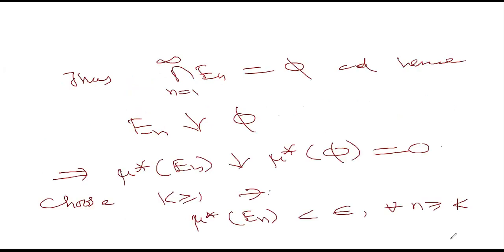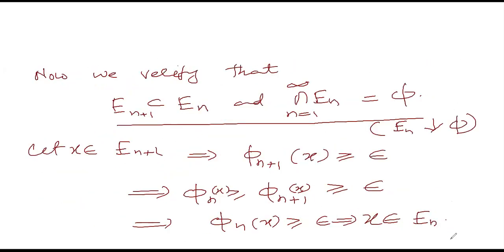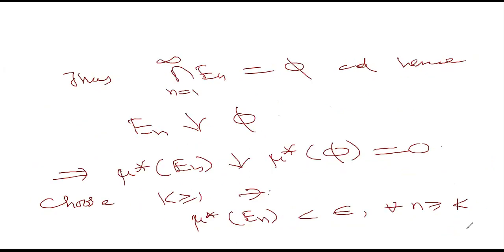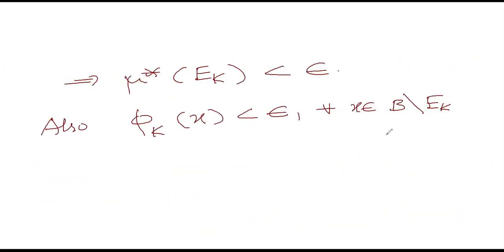Ek is the set of x such that phi k of x is greater or equal to epsilon. So when x is not in Ek, then phi k of x must be less than epsilon. Here x is in B minus Ek, it's not in Ek, so phi k of x must be less than epsilon.